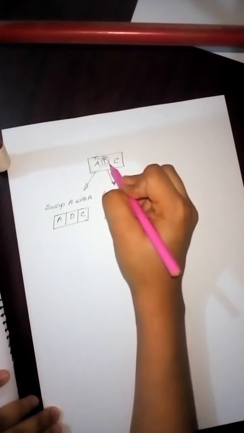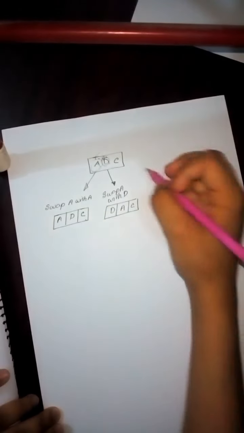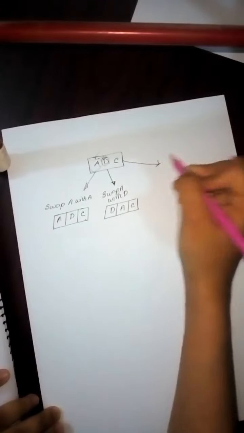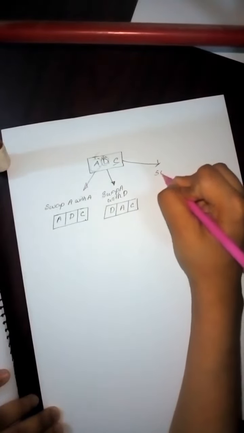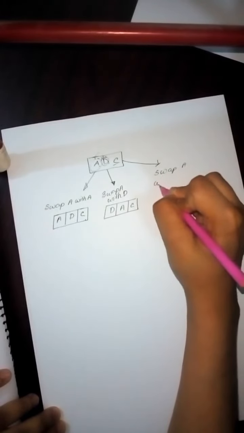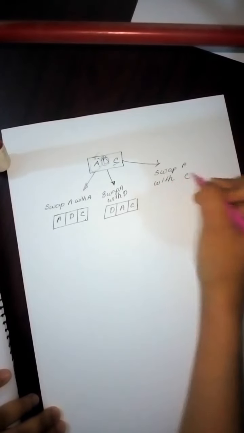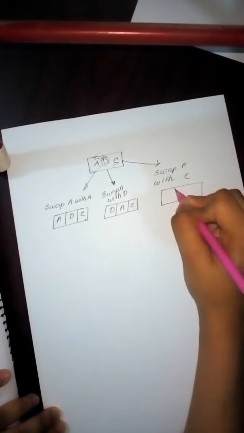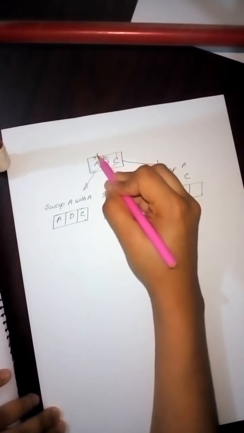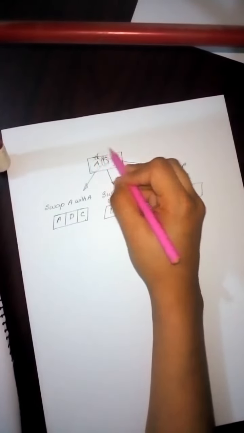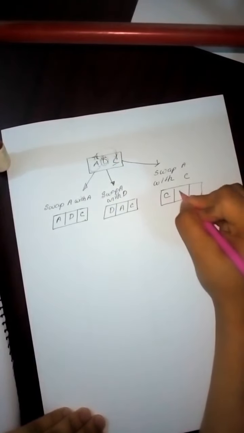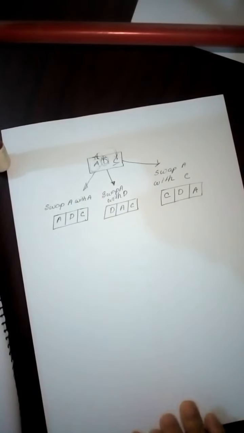A comes to the position of D and D will come to the position of A. Simple. Then the index i will be equal to C. Then we will swap A with C, and as a result C will come to the position of A and A will go to the position of C, CDA. This is the first case.